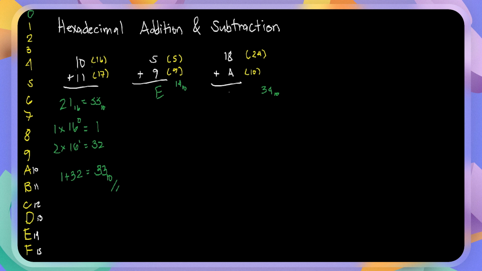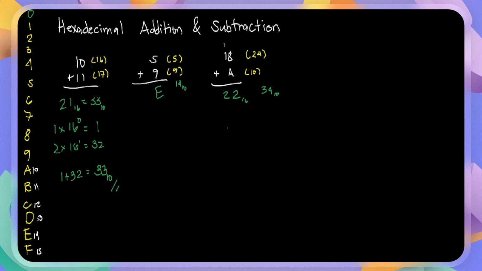We get an 18. But we can't just write 18 here and call it a day. That's not going to work. So what we do is we get our 18 and then we subtract 16. So 18 minus 16 is a 2. And remember, we had an 18 here, so we're carrying a 1 here. So a 1 and a 1 make a 2.